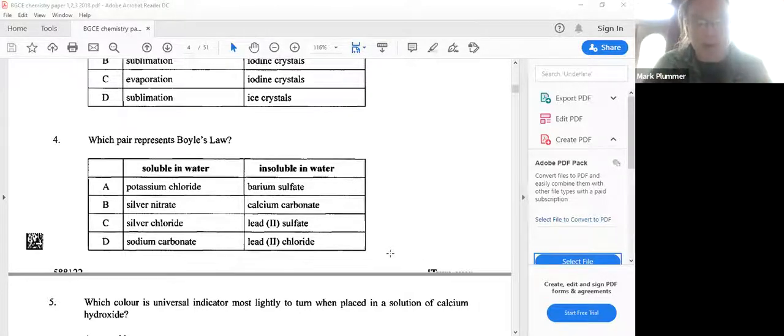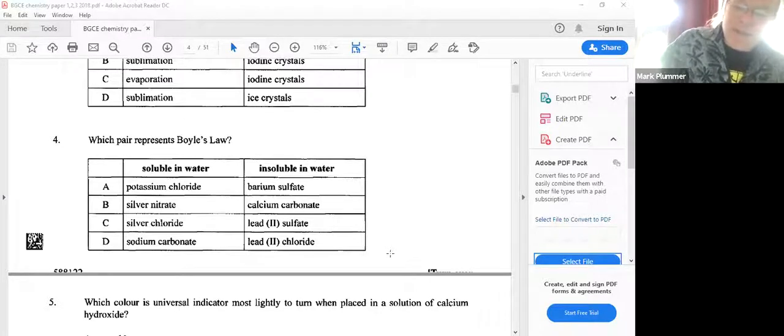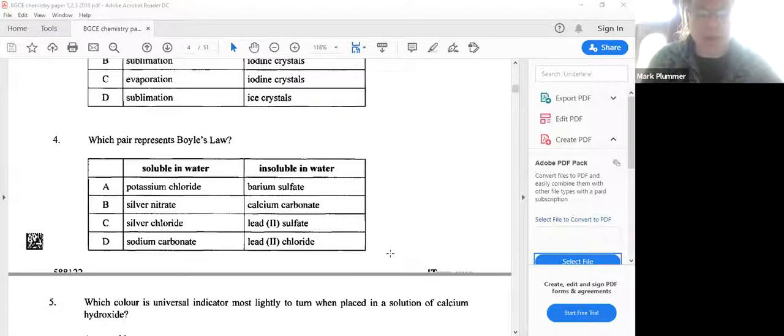Because if you think about it, what Boyle's law says is that for a fixed amount of any gas, the volume is inversely proportional to its pressure. In other words, if the pressure is increased, the volume that the gas occupies decreases.